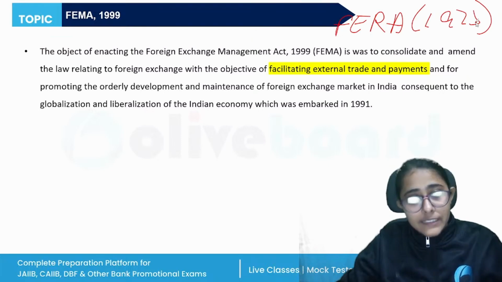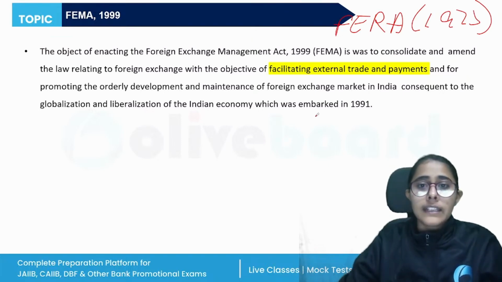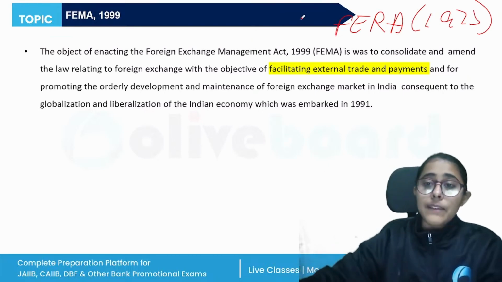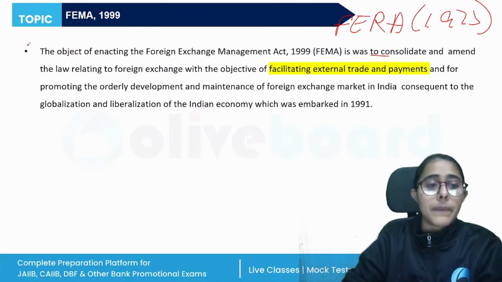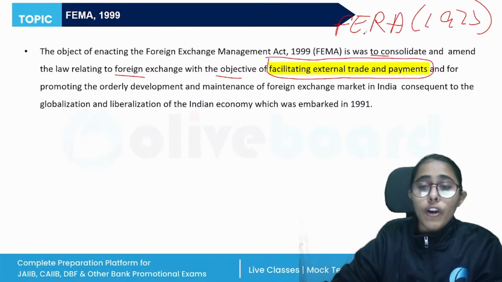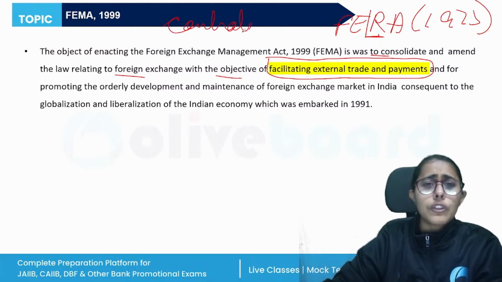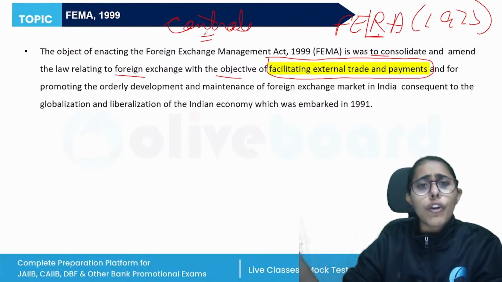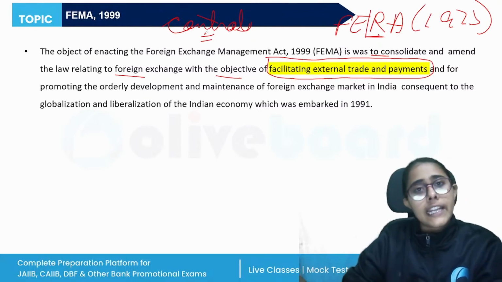So it was replaced by the FEMA Act in 1999, and its aim was to consolidate and amend the law relating to foreign exchange, with the objective of facilitating external trade and payments. The most important point: the Foreign Exchange Regulation Act was regulating or controlling it. There were a lot of controls and restrictions on foreign exchange, on FDI and FPI.